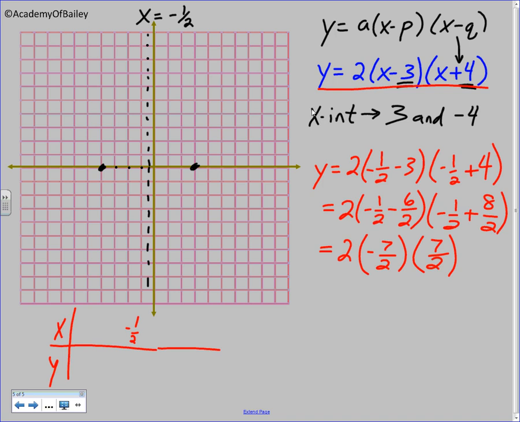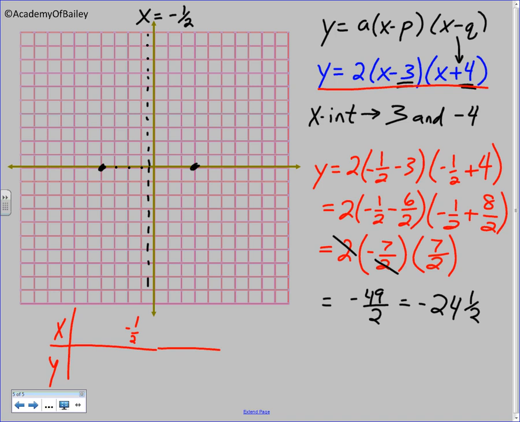And so from there, I know that this 2 and this 2 will cancel out, leaving us with negative 49 over 2. Negative 49 over 2 is negative 24 and a half.